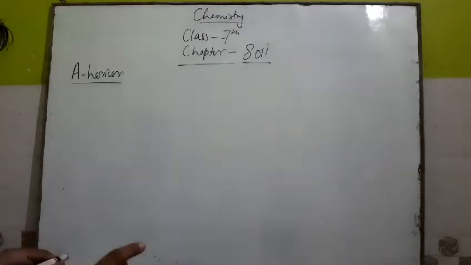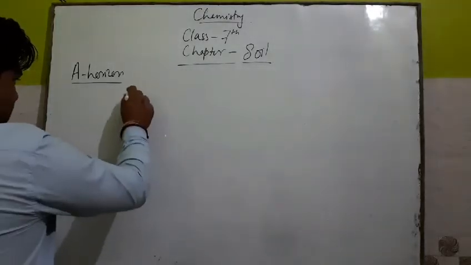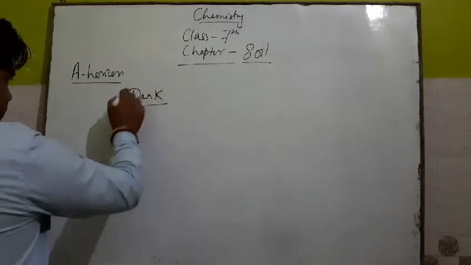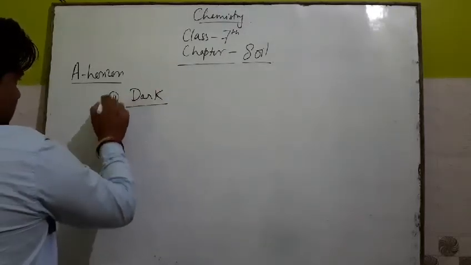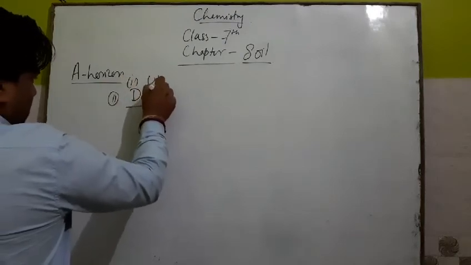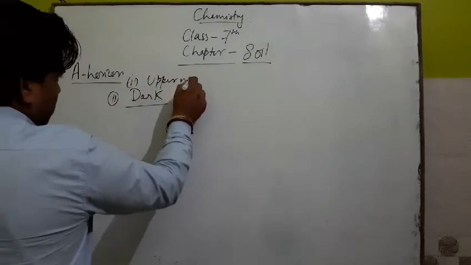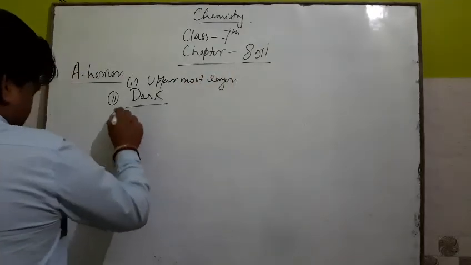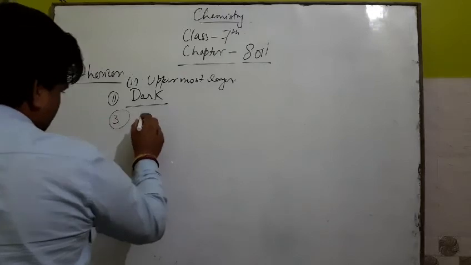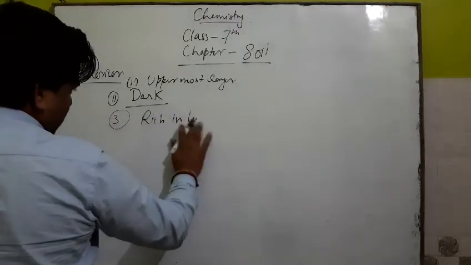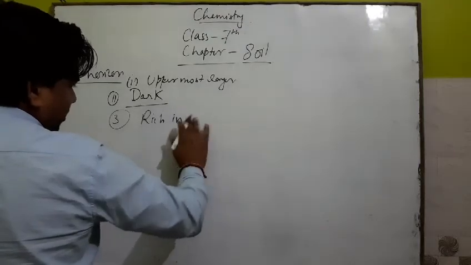Means simply the color is dark. First thing about A horizon is that it is the uppermost layer, second is that it is dark. And third is what? Rich in humus. Humus makes the soil fertile.